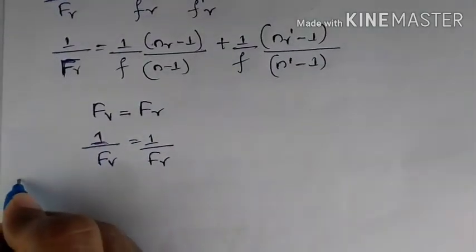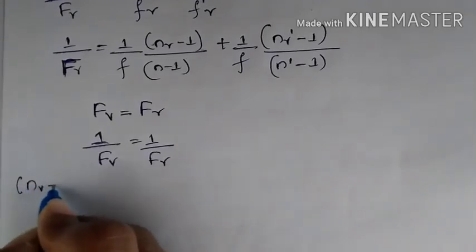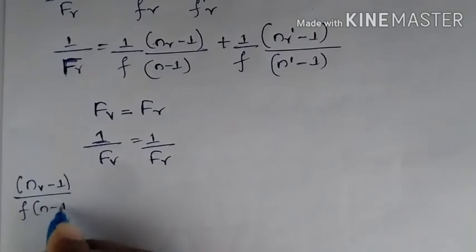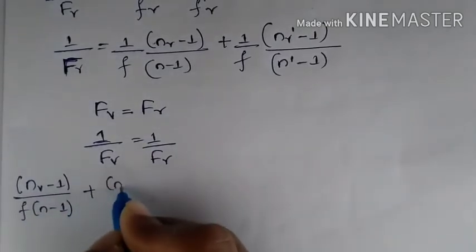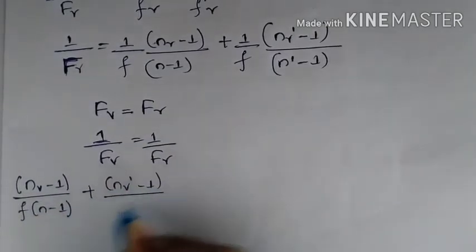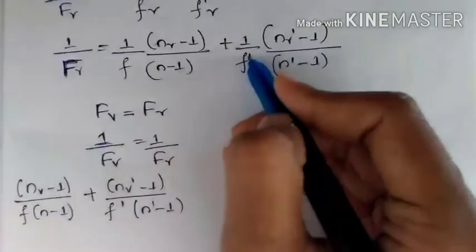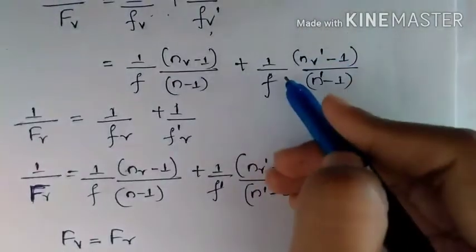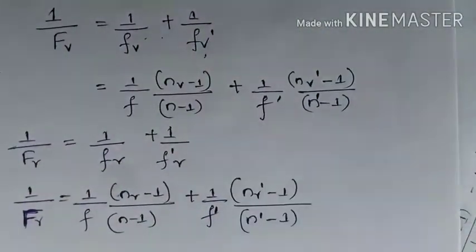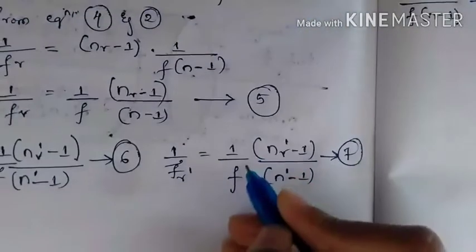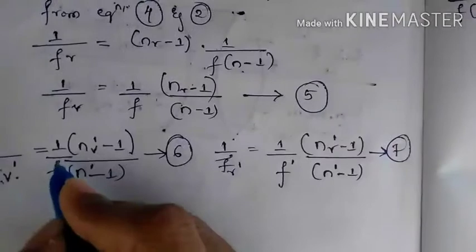So 1 by FV is (nV minus 1) by F (n minus 1) plus (nV prime minus 1) by F prime (n prime minus 1). So here I missed writing prime. So for the second lens we will have the prime for the mean ray. So here again there is a prime and there is a prime here.